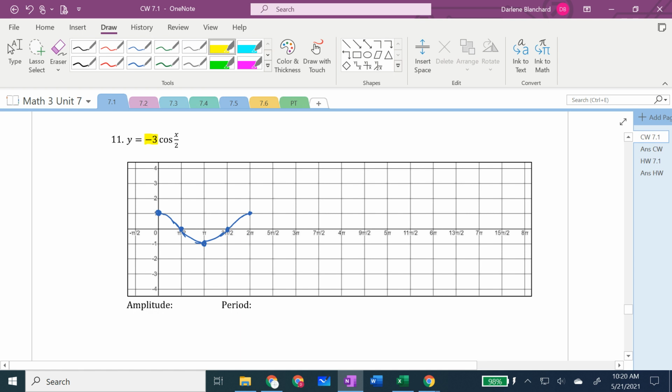The -3 is multiplying outside the function. That's going to take the y values of 1, -1, and 0, and all the y values in between, and multiply every one of them by -3. My positive 1 y value is now -3. My -1 y value is now going to be +3.